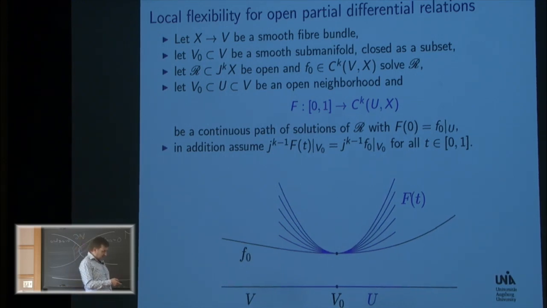This means we have a continuous path defined on the unit time interval with values in C^k sections over a smaller subset U. This is this blue region. And we get this family of sections which satisfies the given relation. So that's a local deformation of our solution. And in addition, we have to assume that the (k minus 1)-jet stays constant at this point. And this is the case in this picture. So this is the given data.